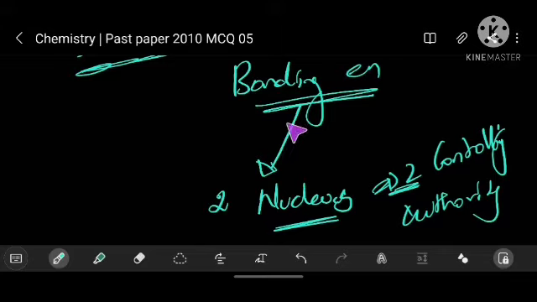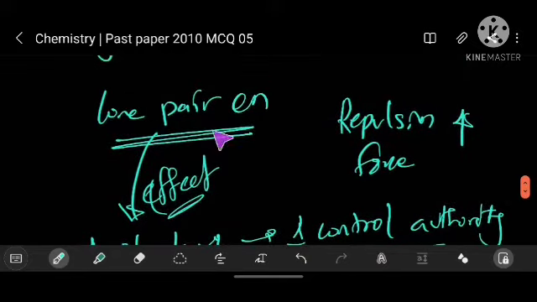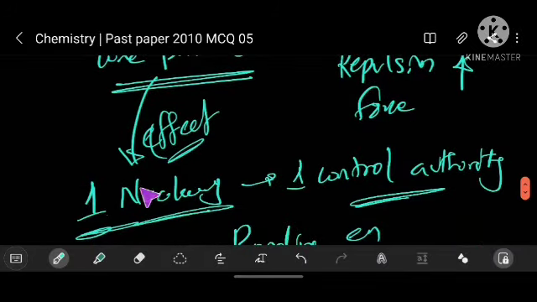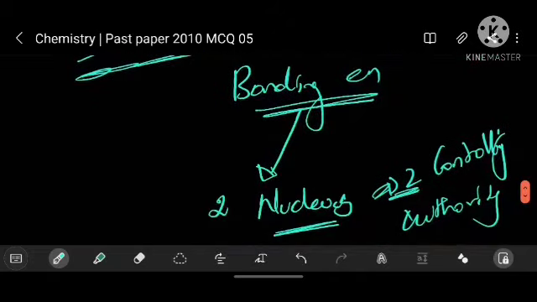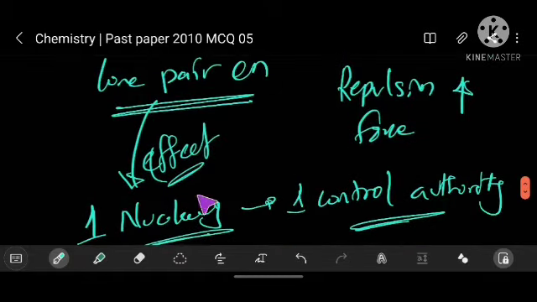Because of this reason, lone pair electrons have more repulsion force, since they have less controlling authority. Now you can understand why lone pairs are superior in terms of repulsion force.